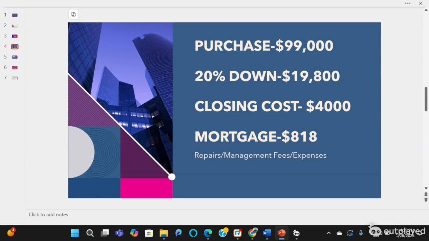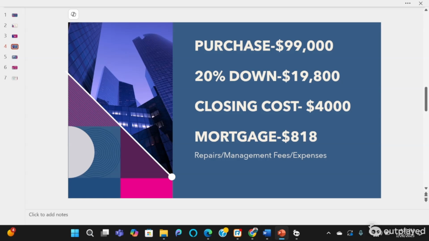The liquidity, the cash that we spend, we need to know all of those numbers up front to find out cash on cash return. Another thing we need to know is what is that mortgage payment, because that's going to play a factor as well. And so in this example, if you put 20% down, then the balance on that mortgage is going to be about $79,200. So with that, you have to finance that.